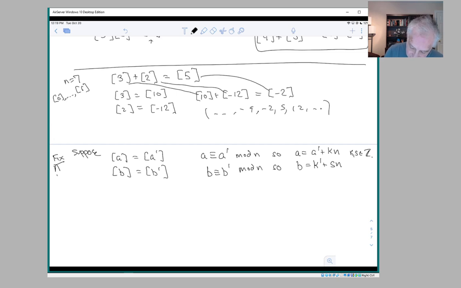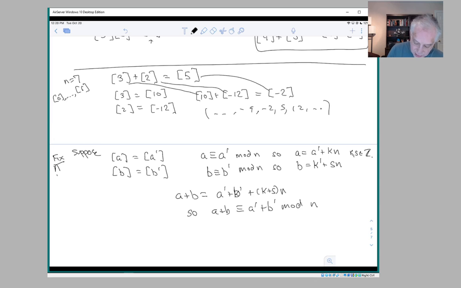And now A plus B is equal to A prime plus B prime plus (K plus S) n. So A plus B is congruent to A prime plus B prime mod n.